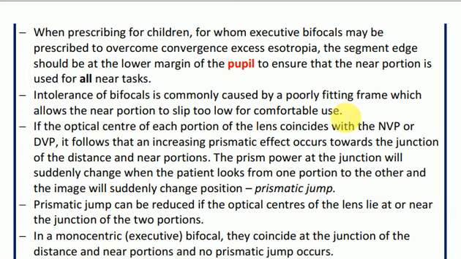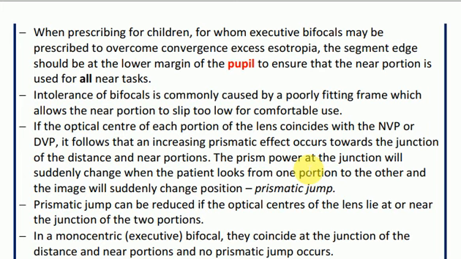Now, if the optical center of each portion of the lens coincides with the NVP or DVP, it follows that an increasing prismatic effect occurs towards the junction of the distance and near portion.